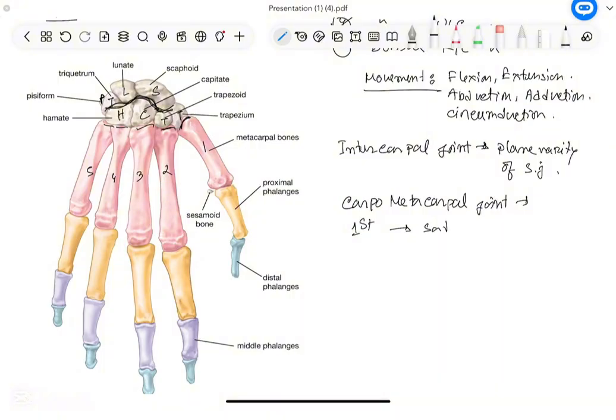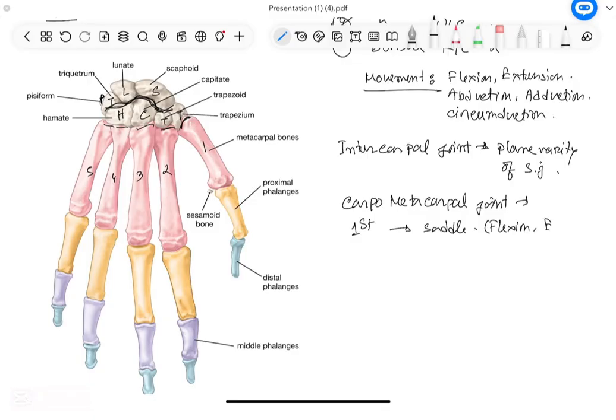Among them, the first carpometacarpal joint is a saddle variety of synovial joint, and it has different types of movement: flexion, extension, adduction, abduction, opposition and circumduction. You have to remember that in the first carpometacarpal joint a number of movements happen.